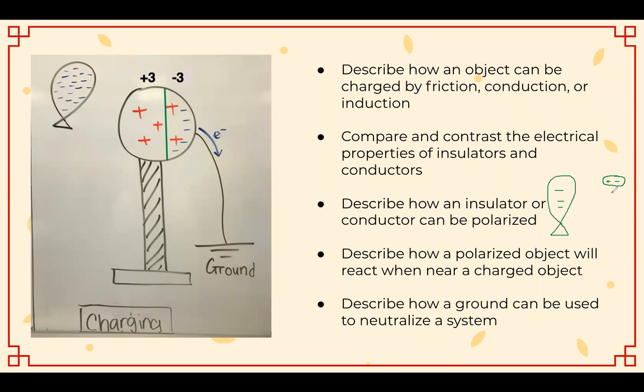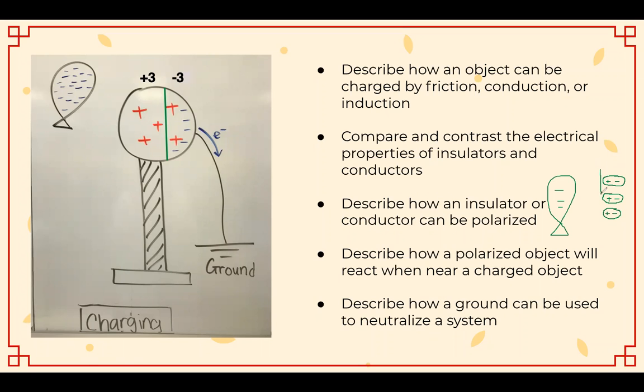The electron cloud will move as far as it can without dissociating from the atom. I can tell this is an insulator because the little circle around the picture of an atom is showing that my atom is staying intact. The electron cloud is moving away from the negative balloon, but it's still an atom. It hasn't left and become an ion.